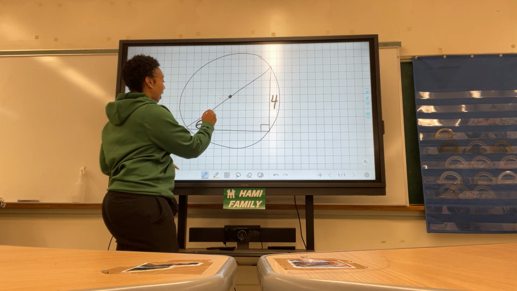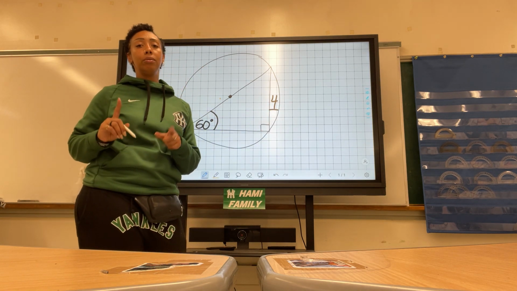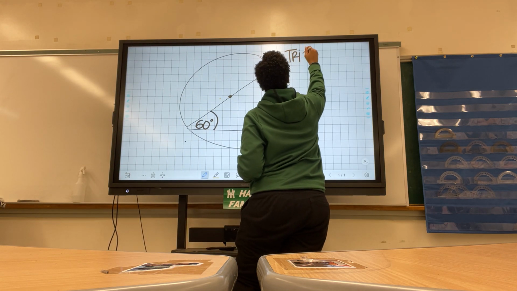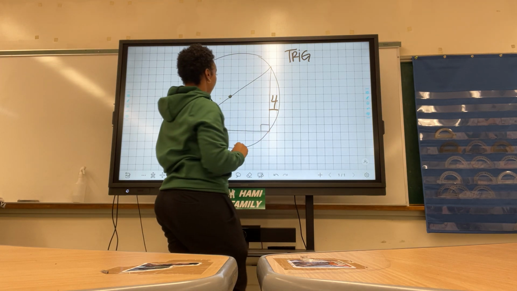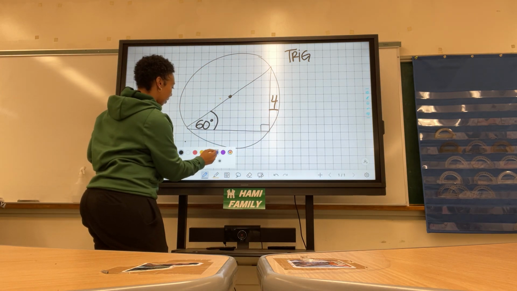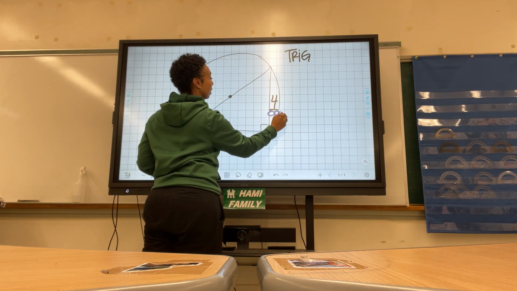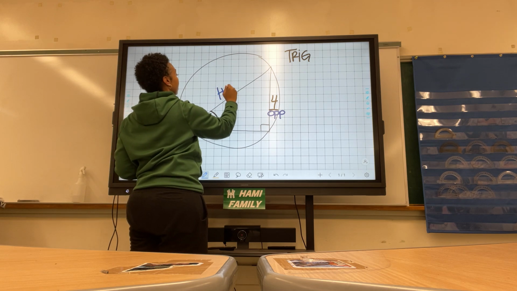And so if I know an angle and the side, I can use, yep, you got it, trig, to figure that out. And so we're going to say that this is my what side? This is my reference angle. The side over here is my opposite. We're trying to find this side here, which is my hypotenuse.